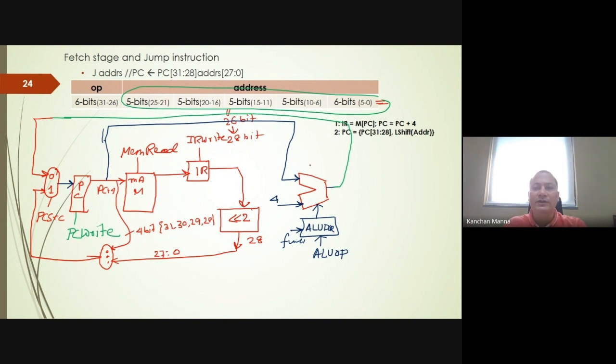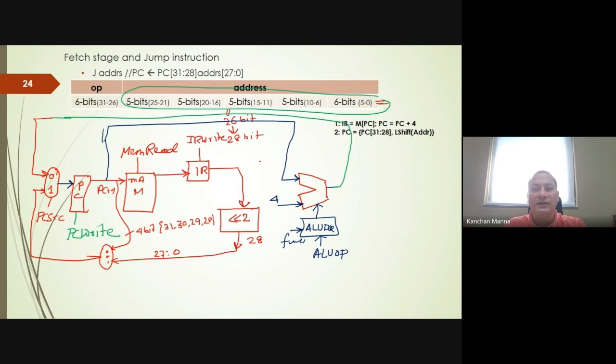Okay, so in this lecture we have considered only 6 to 7 instructions. Now if we want to design the ISA for MIPS, then we have to draw the data path for all the instructions that we have in the ISA. And then what was the next step?